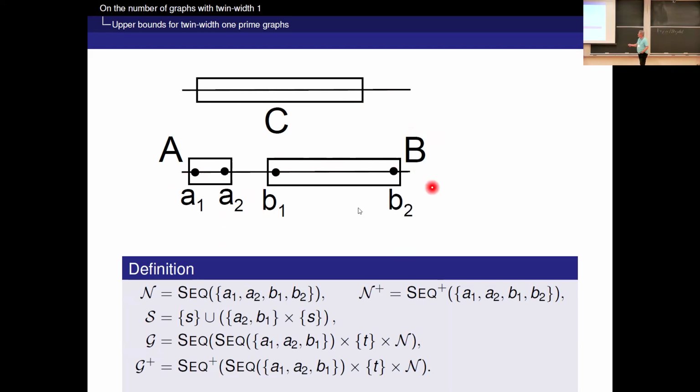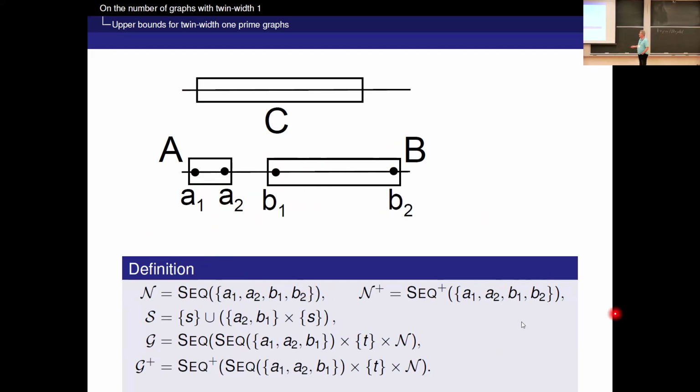So we need a sequence construction of atoms, all of those four. So that means we add some vertex to C and we add one of those points, at one of those sides of A or B on the bottom line. So this corresponds to a sequence construction on the atoms described here.